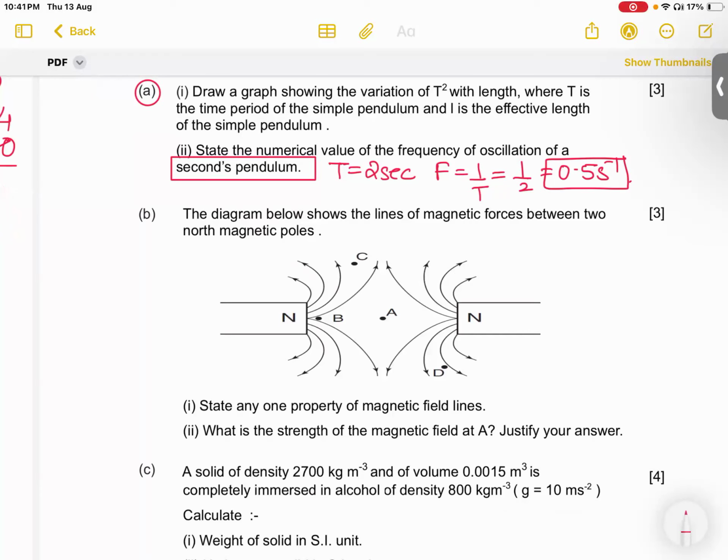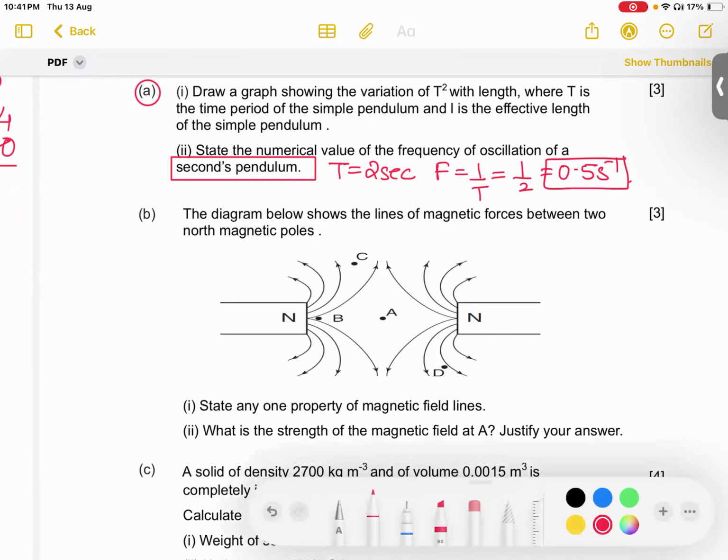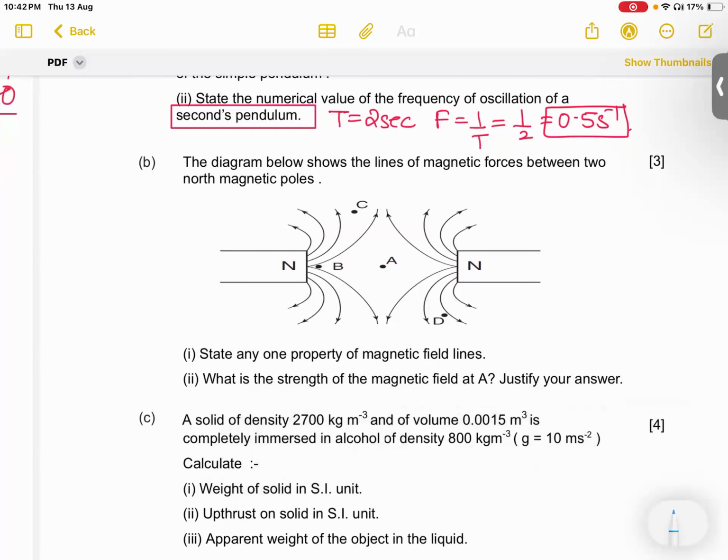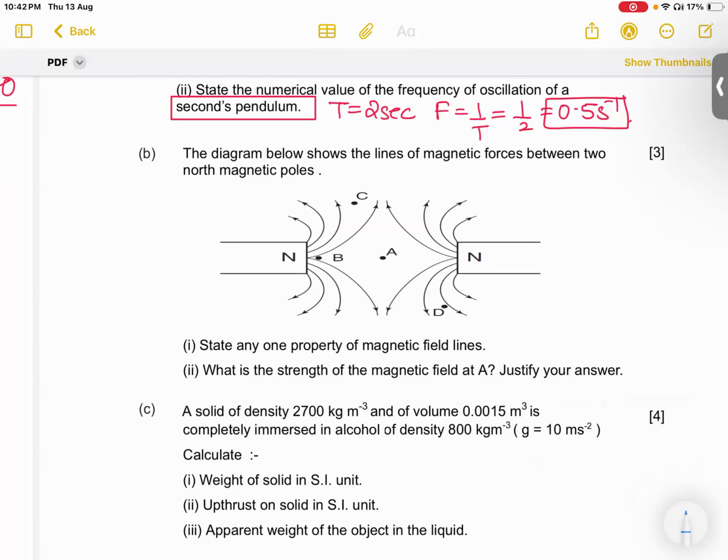The next part is: state one property for the magnetic field lines. The property which is related to the magnetic field, and we need to state any one property, guys. There are many properties, I think a total of 7 to 8. From those, we can go with any one. So I can write, students, the magnetic field lines do not cross each other. Second, students, I can write magnetic field lines start from the North Pole and end at the South Pole, outside the magnet.